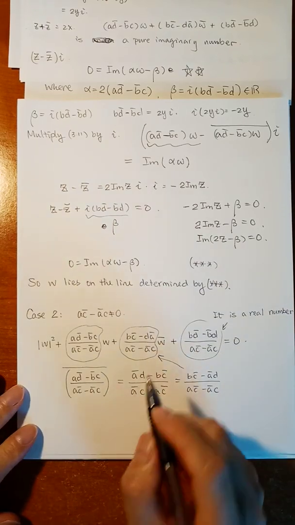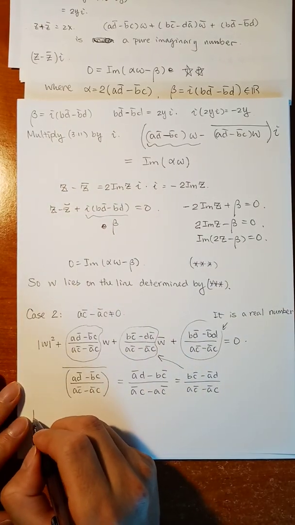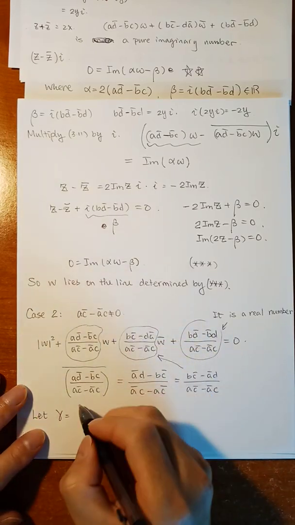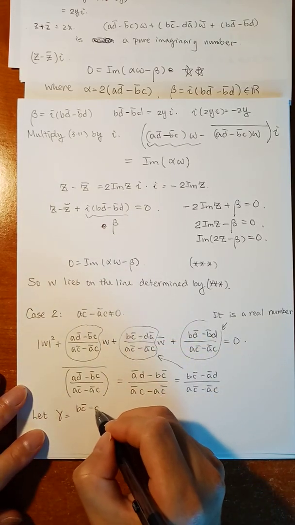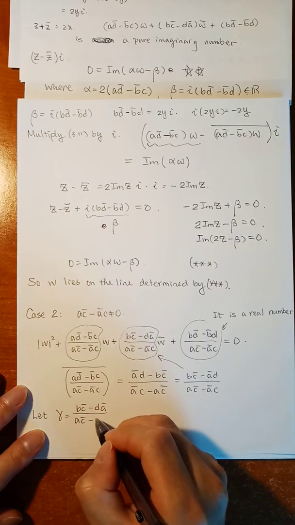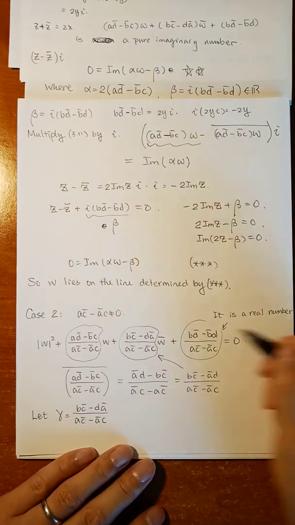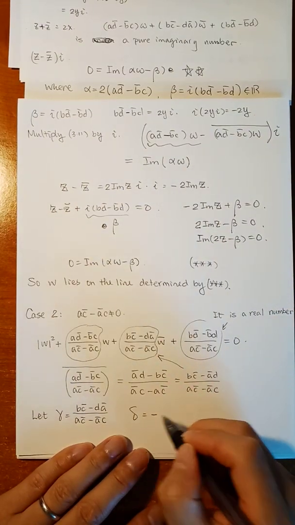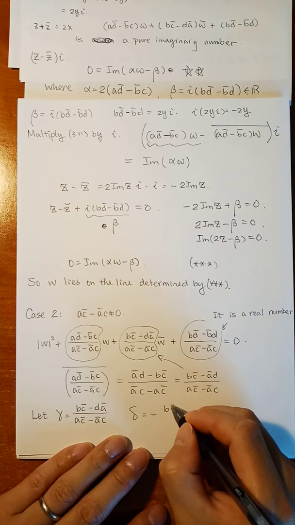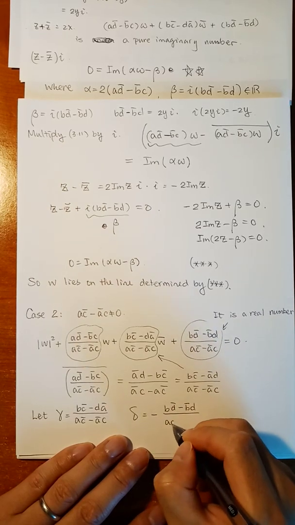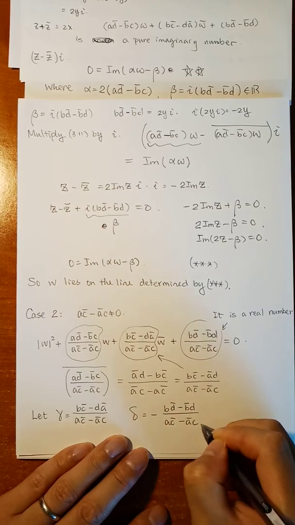Okay, so in the following we are going to simplify the notation. Let gamma be this number, BC bar minus DA bar over AC bar minus A bar C. This is gamma. This number we're going to move to the right side. It becomes minus, so delta is negative (BD bar minus B bar D) over the same denominator.